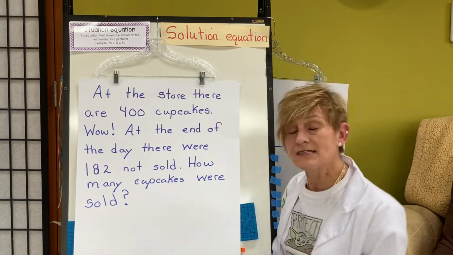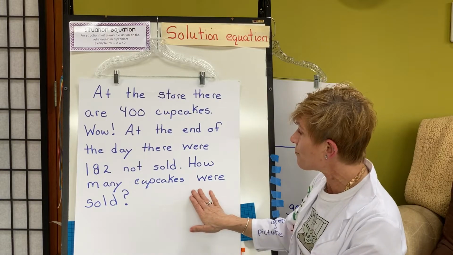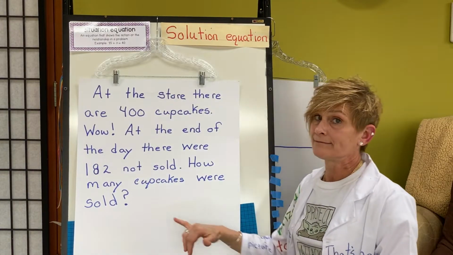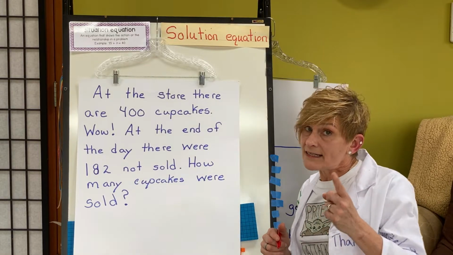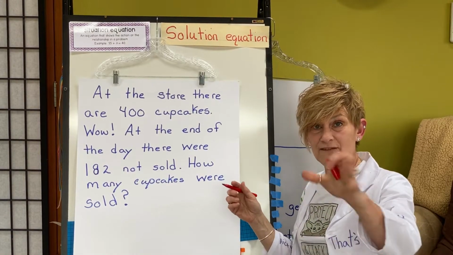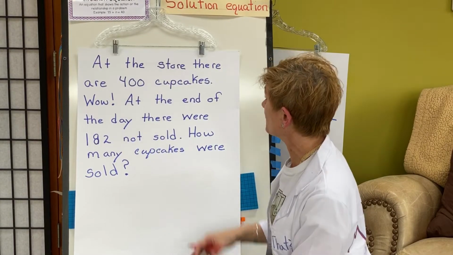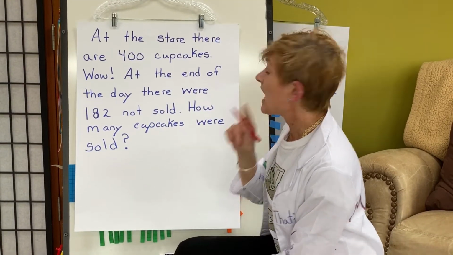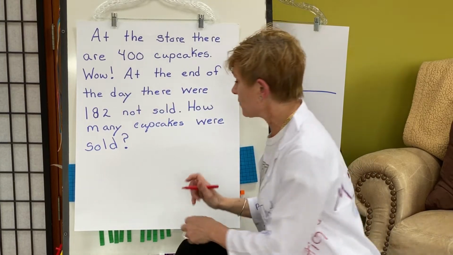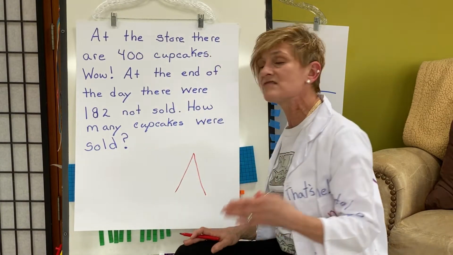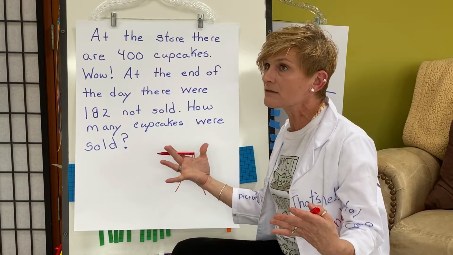What might be the situation equation for this story problem? Put that on your board. I'll put it up here. Let's see if we agree. I'll give you just the same amount of time that I'm writing, you can write too. I know the total. You guys should know the total, right? I'm going to do a math mountain because I know Mrs. Seitz has said, use a math mountain to help you.